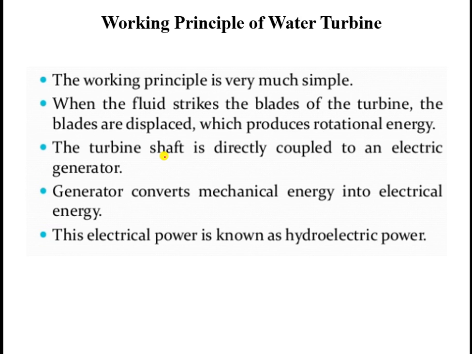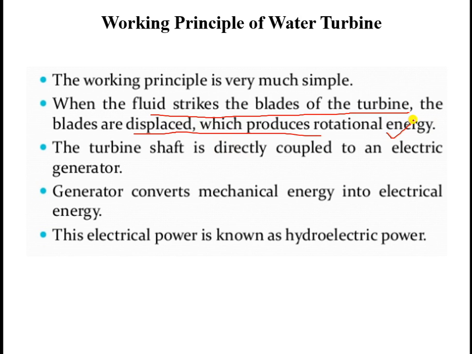The working principle is very simple: when the fluid strikes the blades of the turbine, it is impinged on them, and due to the impact of the velocity of the water on the blades, it gives away its kinetic energy. That kinetic energy is converted into the rotational energy of the blades, which are mounted on a rotor.